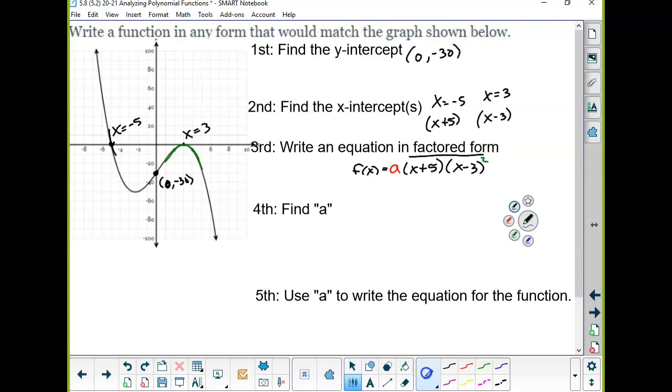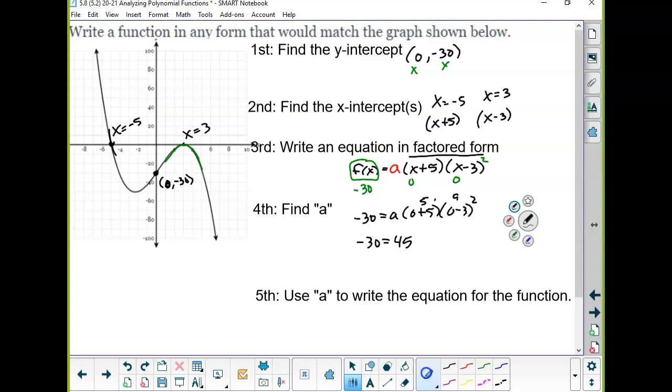So now, I'm going to use the a value. So -30 is going to go in the f of x or the y spot, and 0 is going to go here. So I'm just going to solve. So I know that I'll get 5 here, and I'll get -3 squared, which is 9.